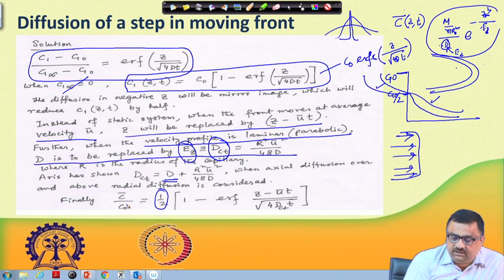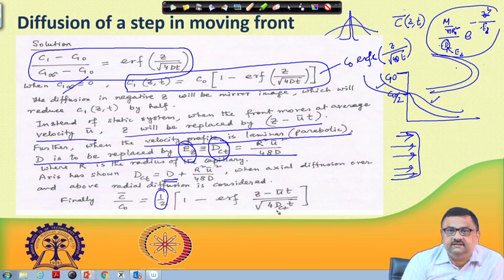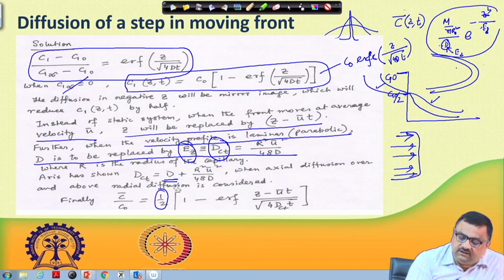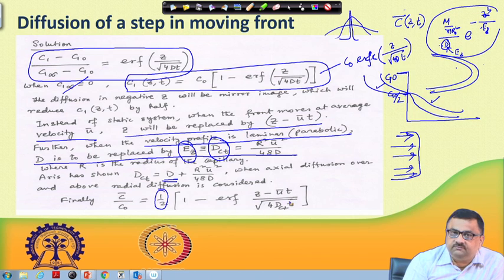So, C bar divided by C 0 is equal to half times 1 minus error function of (Z minus U bar T, the moving coordinate system has to be set in) divided by square root of 4 D_Ct, this time, which is the dispersion coefficient for a capillary, multiplied by T. This is the final expression for the concentration profile for a step change in concentration in a capillary.